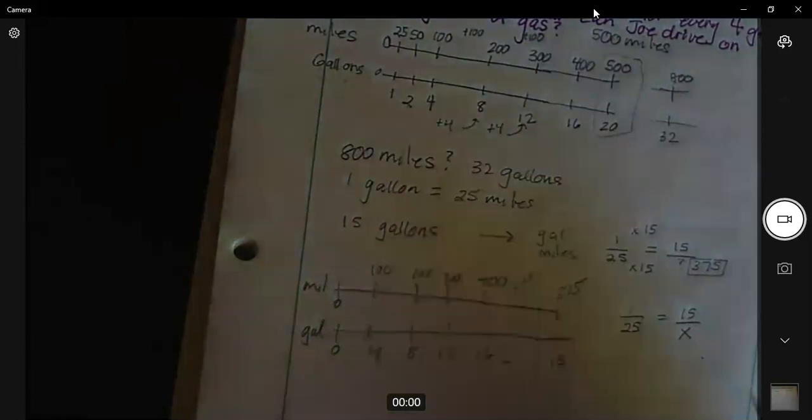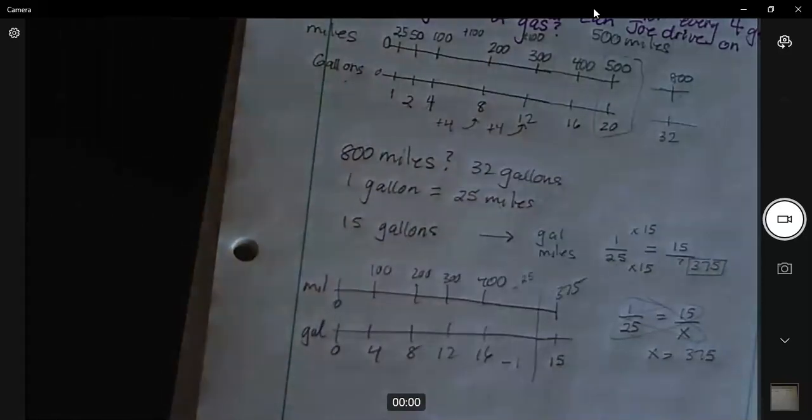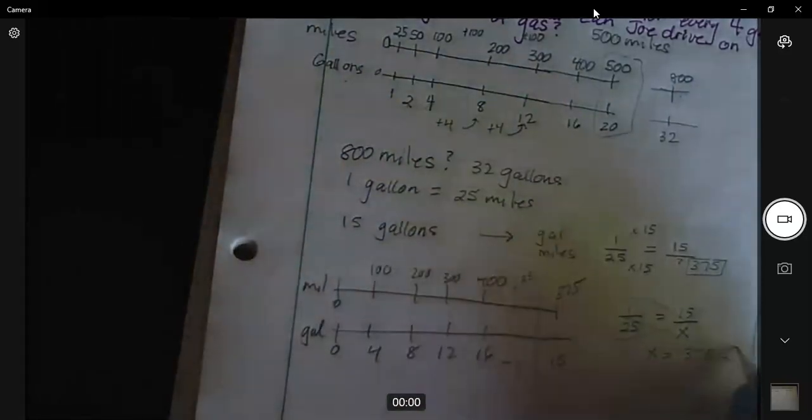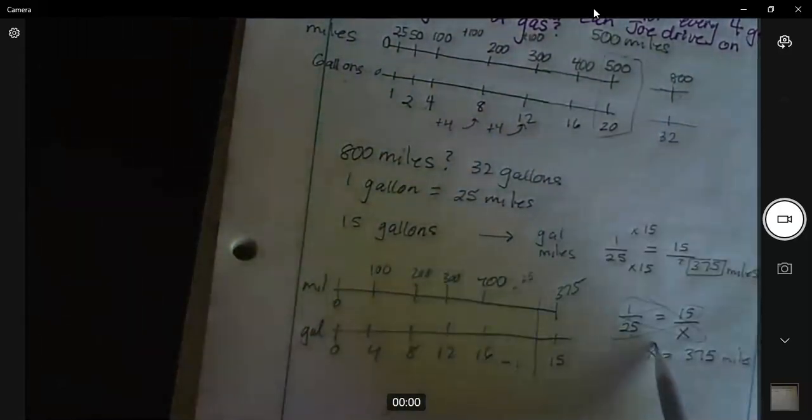But then this is going to be the cross multiplying, right? Where they take 1 times x is x, 15 times 25 is 375, and they solve it that way. I should always put a label on it. Okay, so this is a little advanced, and this is what a lot of teachers teach.